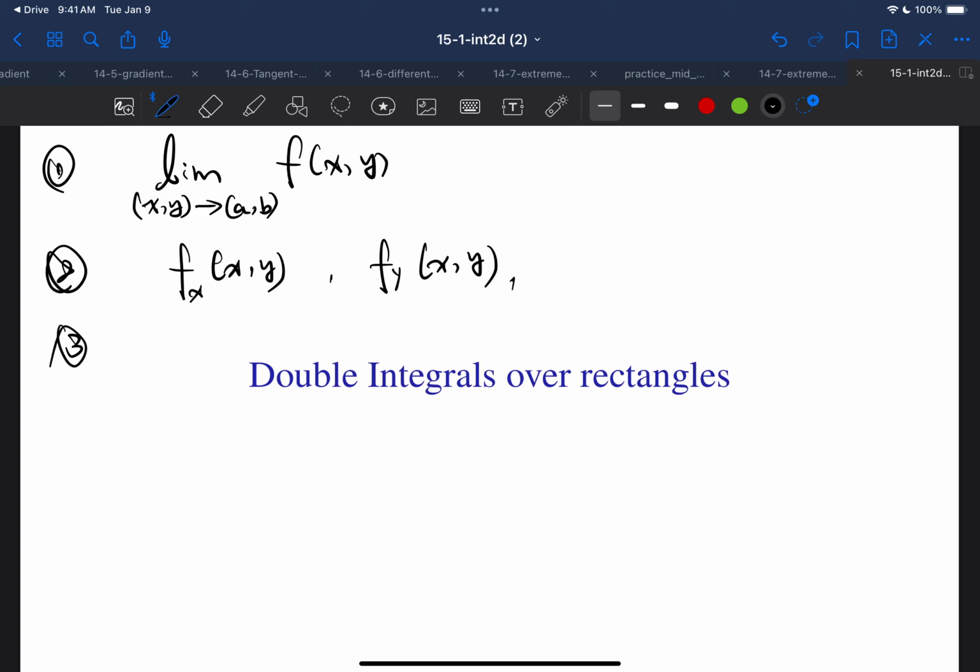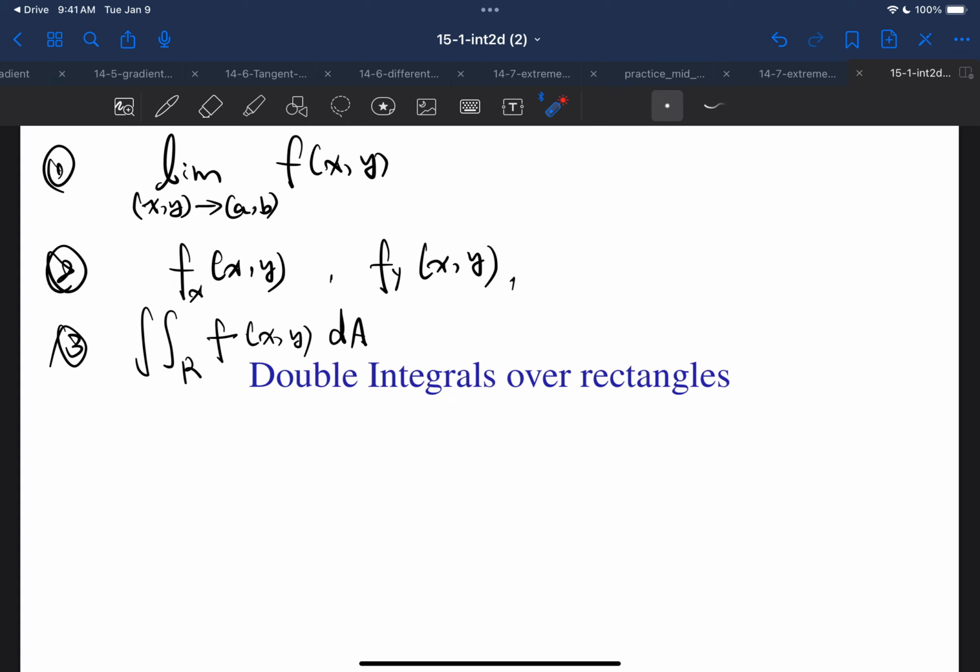So derivative then integral. For a multivariable function f, suppose it has two variables, then usually it gives this kind of form for its integral. It's called double integrals.